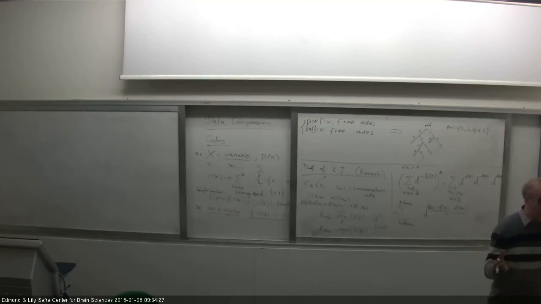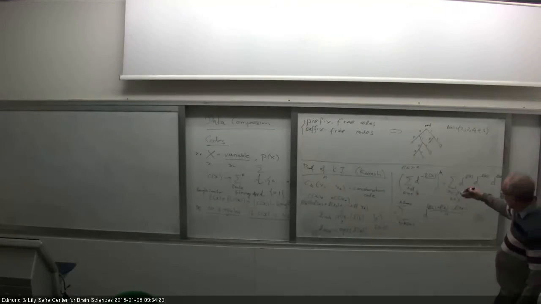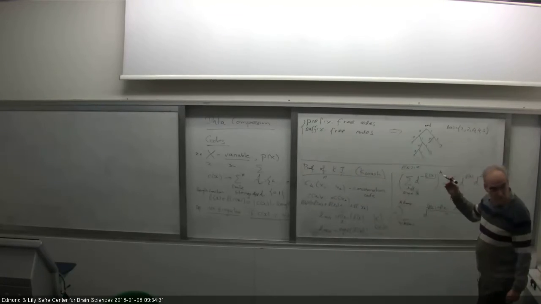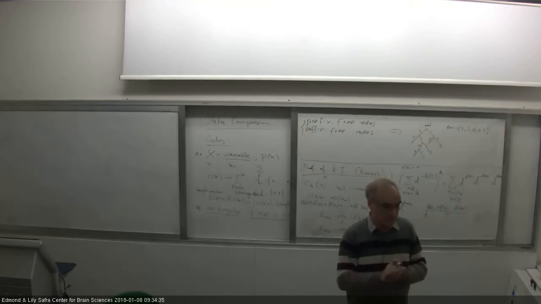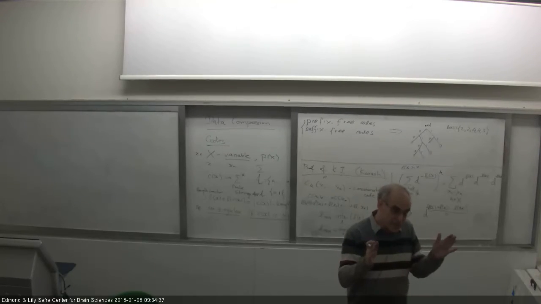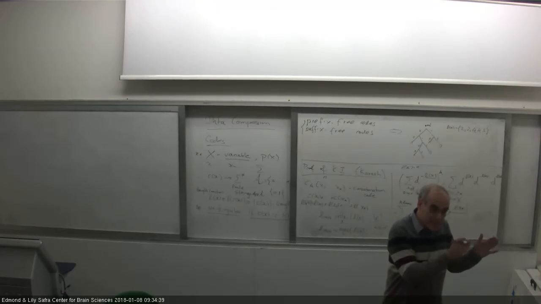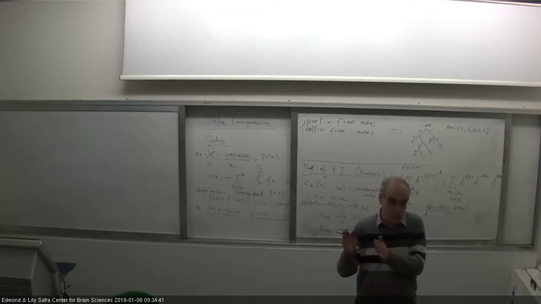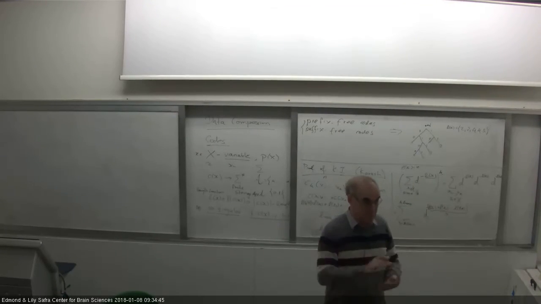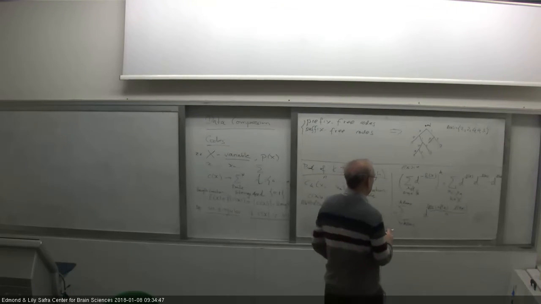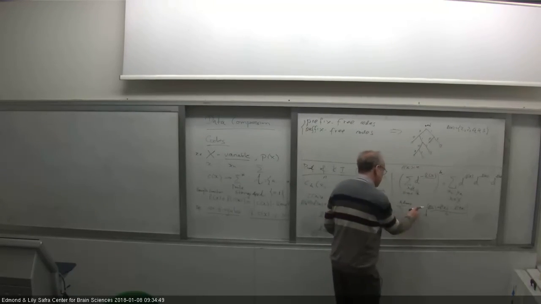So I simply break this sum. Instead of according to all the combinations of the letters, I break it according to the length of the concatenation. And the length of the concatenation can be, the smallest that it can be is k times the shortest word, and the longest it can be is k times the longest word. Okay? Now, there's something missing here.